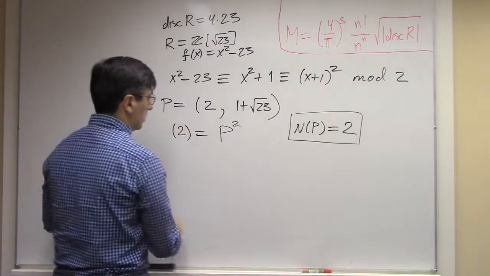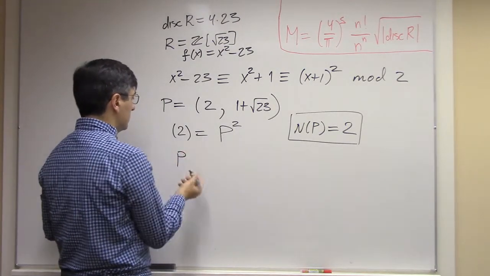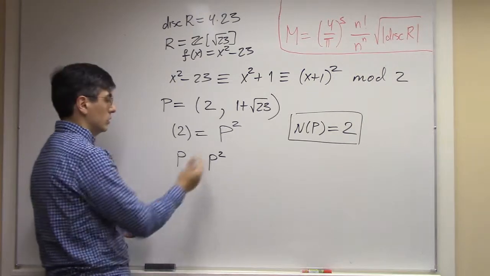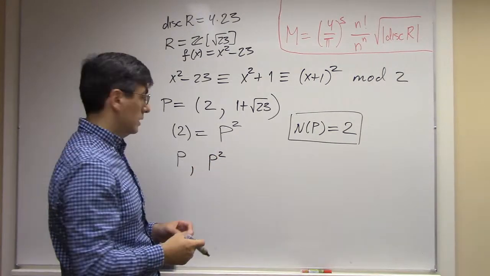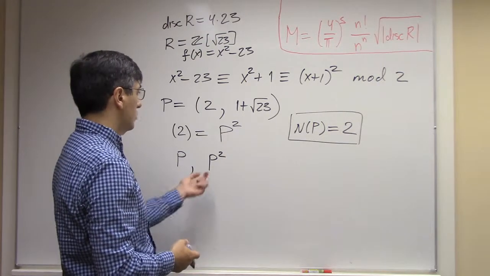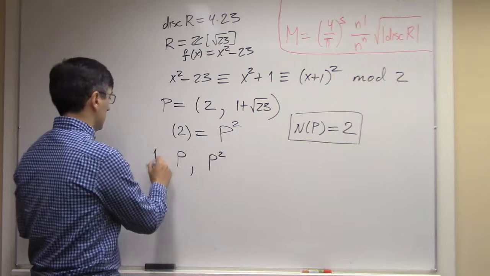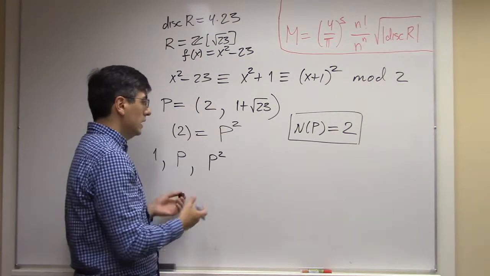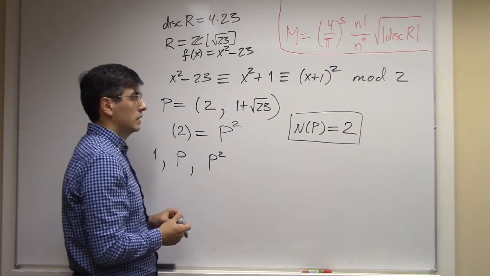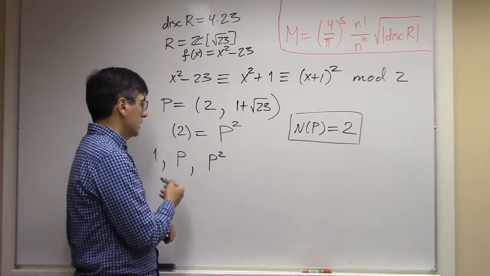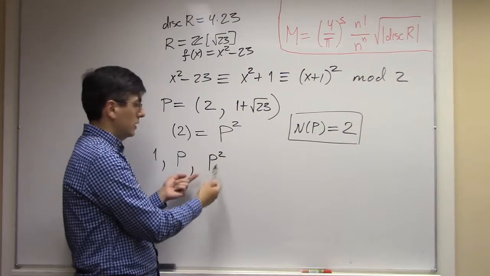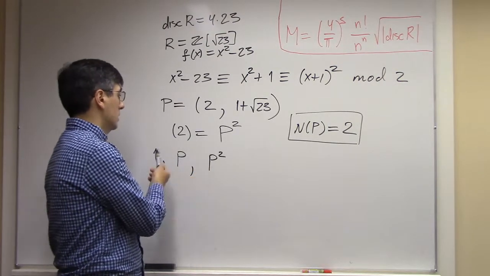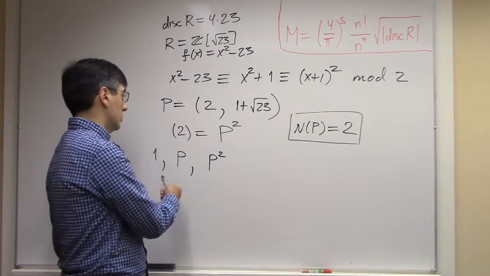So what can happen? Well, I have this p, and I have p squared, which has norm 4, right? So this also can be one of the ideal classes, and I can't have more because 1, p, and p squared exhaust all possible ideals whose norm is at most 4. So either this is 1, or it is Z/3 or Z/2, or it is the trivial group.